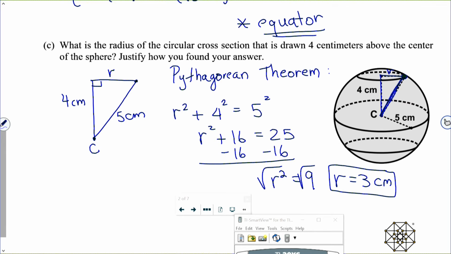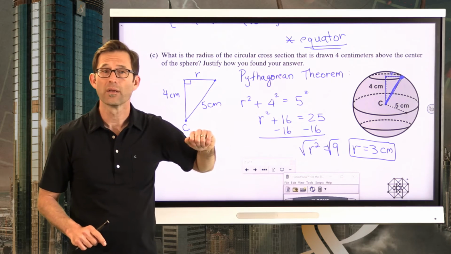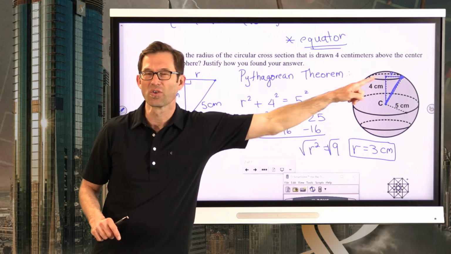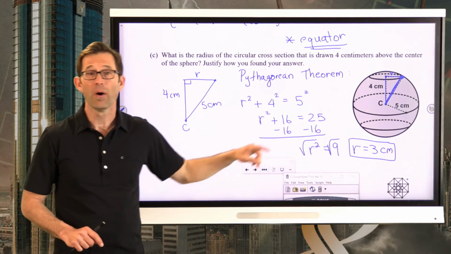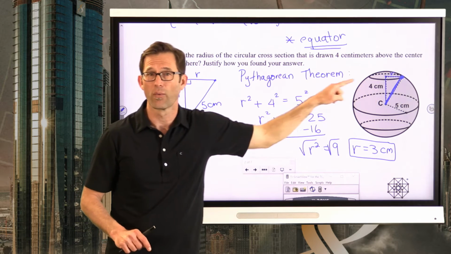By the way, we could do that for any circular cross-section at any height we wanted. I chose this one because the radius of that circular cross-section works out so nicely. But we could do it at any point we wanted, even if we went just 1 centimeter up and wrapped it around.